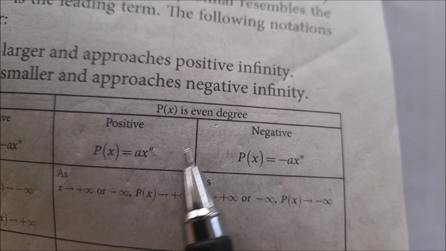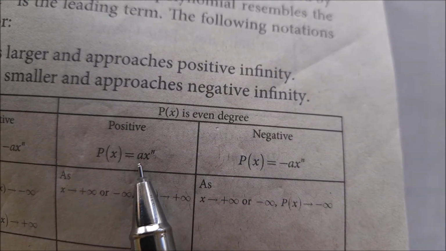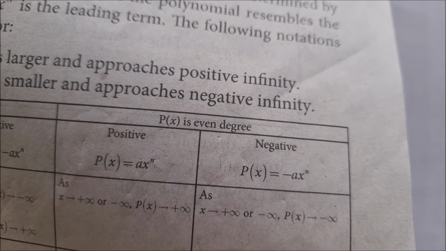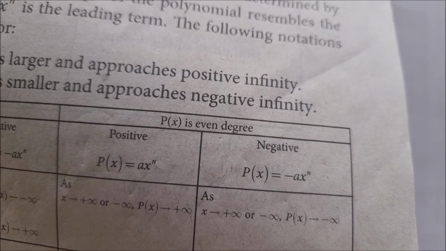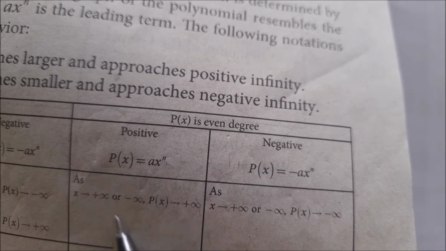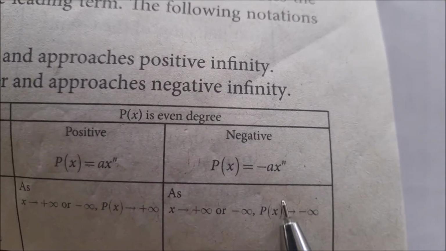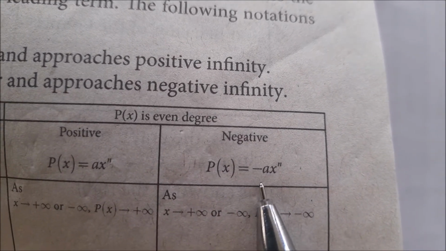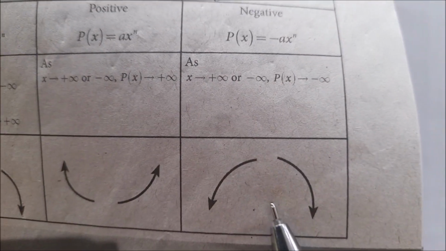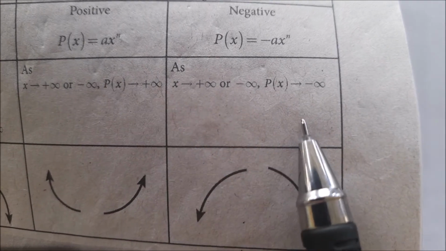If it is an even degree and a positive leading term, it is upward, and this is the form of the end behavior of the graph. And if the leading term is negative and the exponent is even degree, the form of the end behavior of the graph is this one.